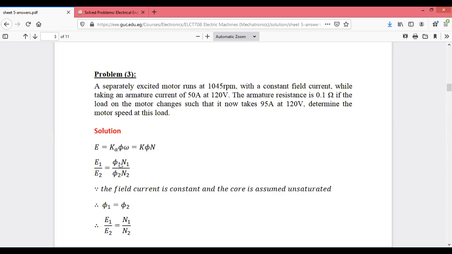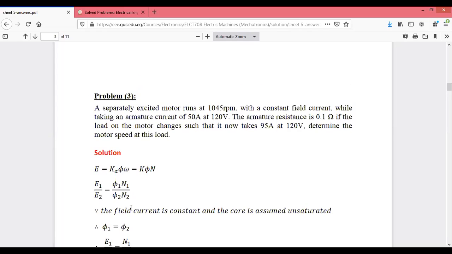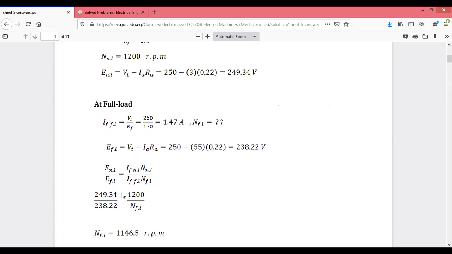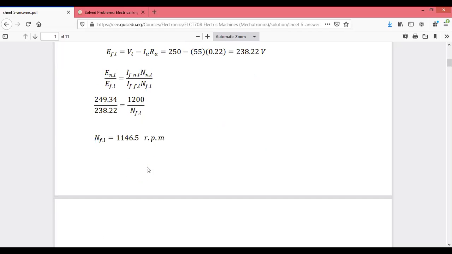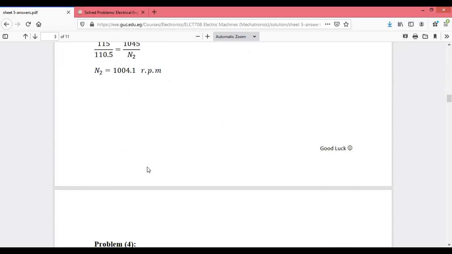If you are considering the core is unsaturated and the field current is constant, it means the field winding is constant, so the field current will remain constant. So you can take phi 1 equal to phi 2, like we solved in the first equation. EMF will be directly proportional to the speed. So you can take E1 upon E2 equal to N1 upon N2.